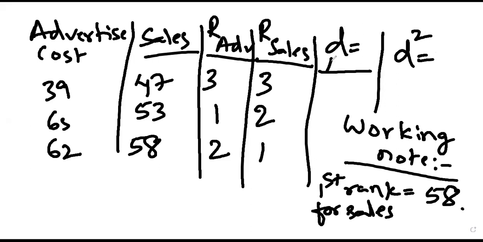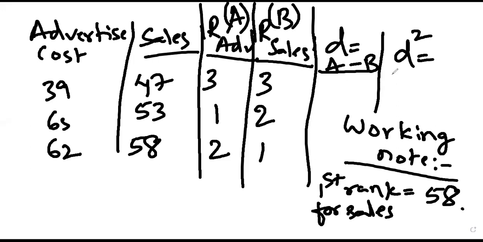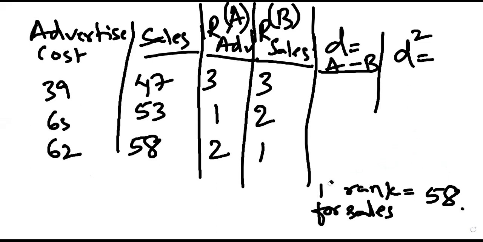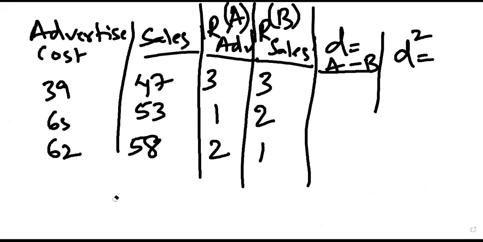I will call this column A. We have to determine the difference between A and B. That is the next column. Can anyone tell what is the difference between the ranks? This we have done in the previous class.